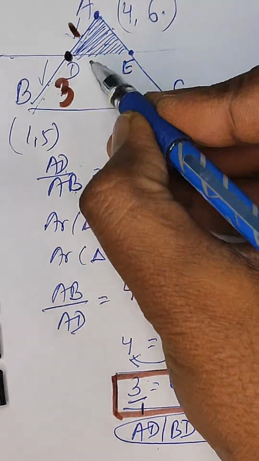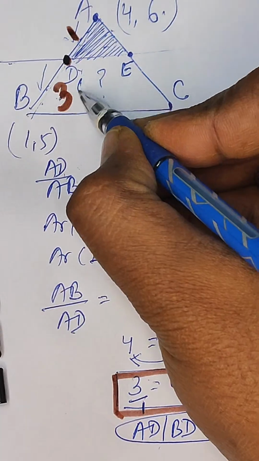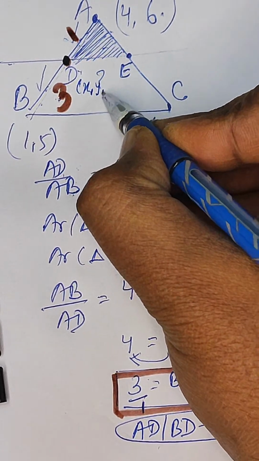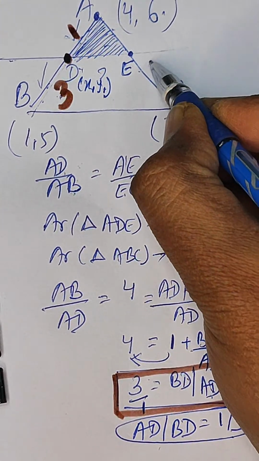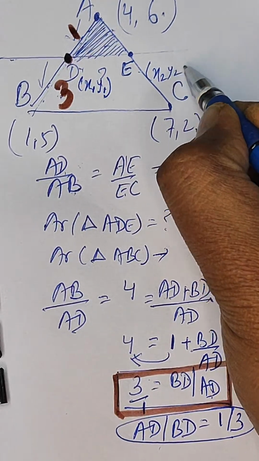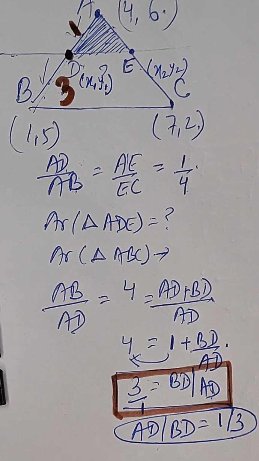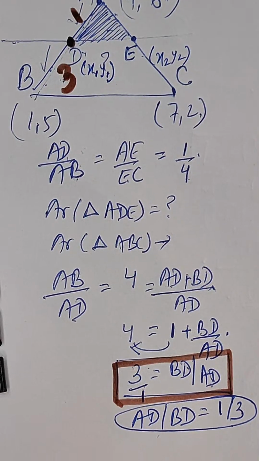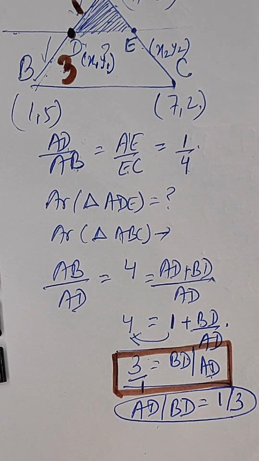How? Let us say the coordinate of D is (x1, y1) and the coordinate of E is (x2, y2). Now apply the section formula.